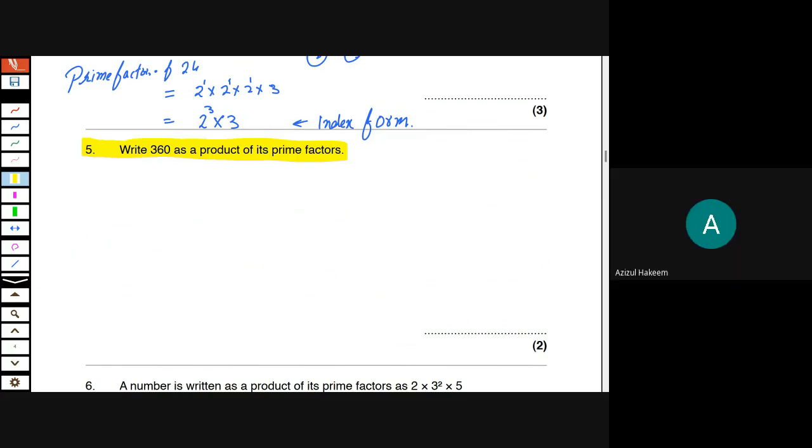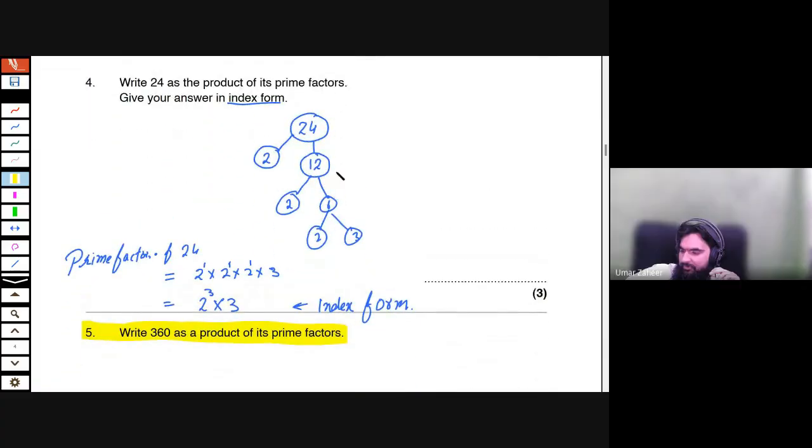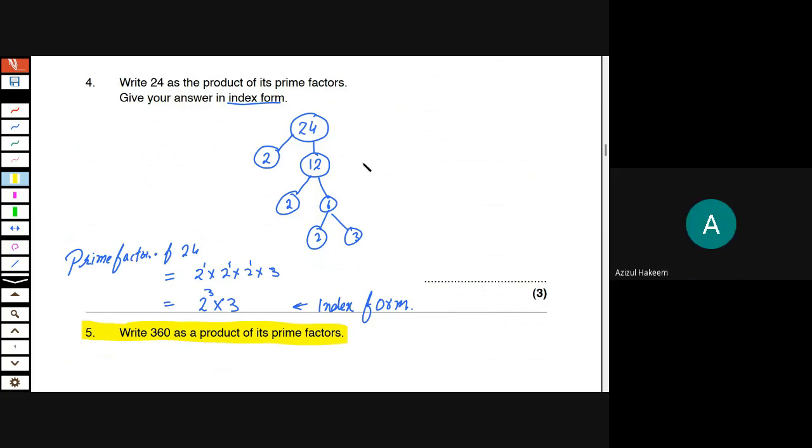So can you just show one of the tree diagrams for an example? All right. Okay, got it.